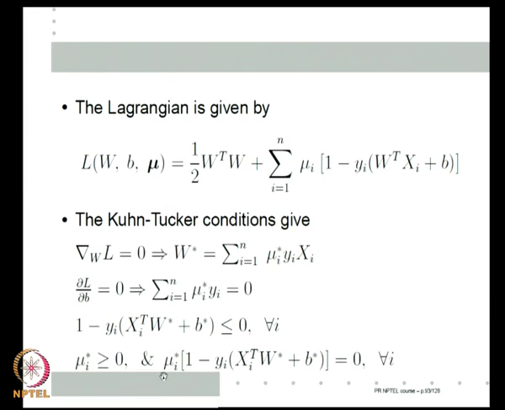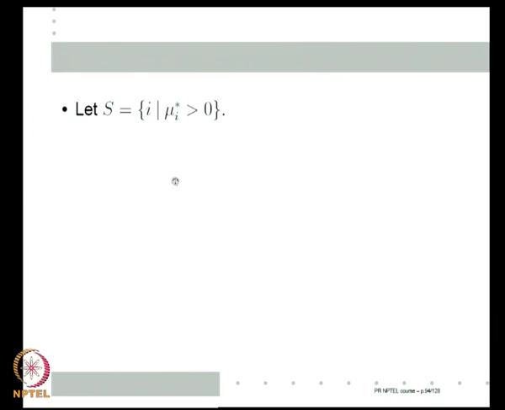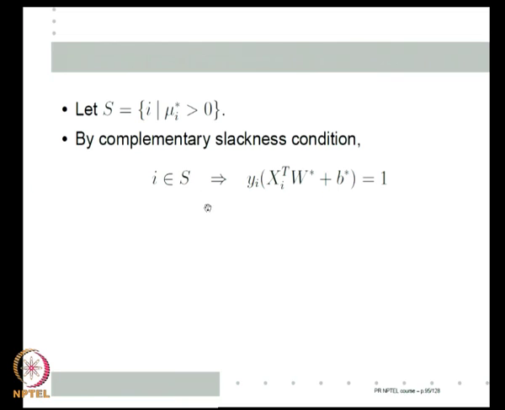So, for any I, if mu I star is strictly greater than 0, then 1 minus y I into x I transpose w star plus b star should be equal to 0. Now, for every I in the set S, mu I star is strictly greater than 0, that is the definition of the set S. So, I belongs to S implies mu I star is greater than 0 and hence 1 minus y I into that is equal to 0, which is the same as y I into x I transpose w star plus b star is equal to 1.